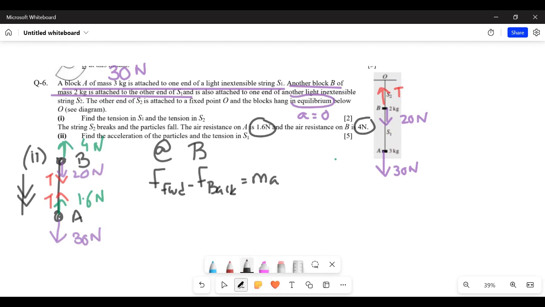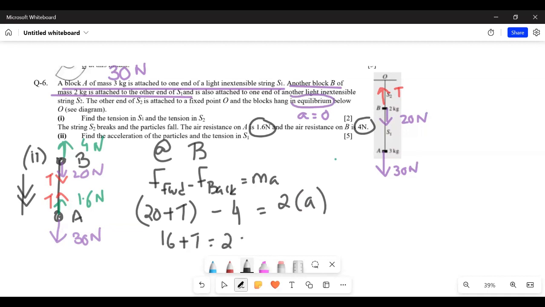Forward force is going to be 20 plus T, it's the downward force, minus backward force, 4 newtons, equals mass of B, which is 2 kgs, exactly 2 kgs, times acceleration. So this would be 16 plus T equals 2a. Calling this equation number 1.